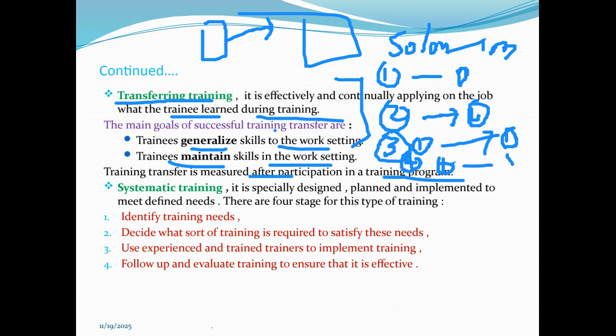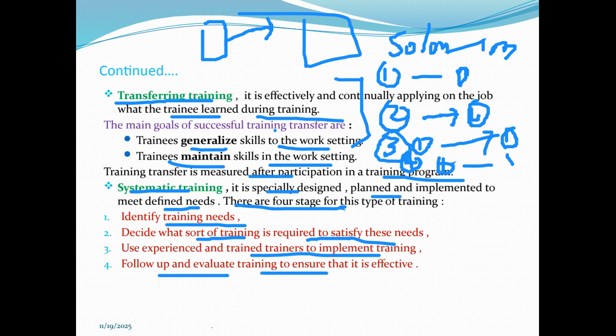So systematic training is specially designed, planned, and implemented to meet defined needs. There are 4 stages for this type of training. First is to identify training needs. Then decide what sort of training is required to satisfy these needs. Third, use experienced and trained trainers to implement the training. And the fourth is to follow up and evaluate the training to ensure that it is effective.